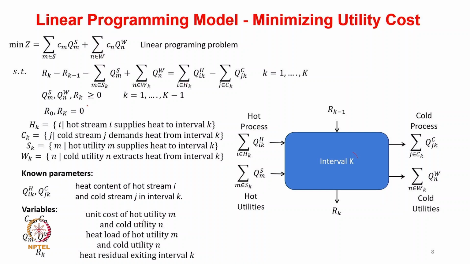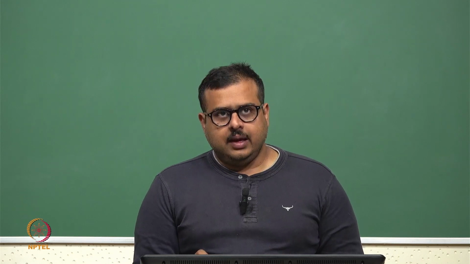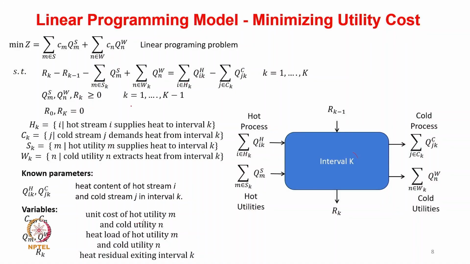So if you have this standard optimization framework for any system with K intervals, you can see all these equations range from K equal to 1 to K minus 1, and here K equal to 1 to K. You have so many equations which form the constraints and the objective.